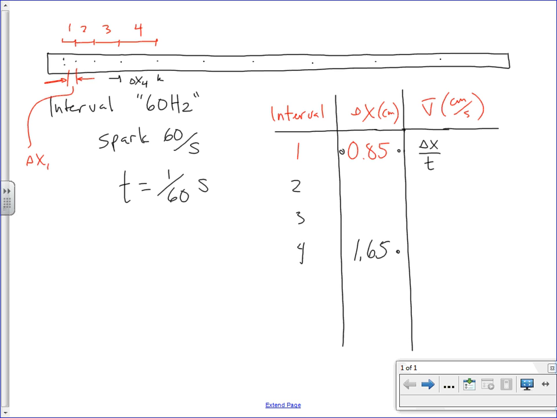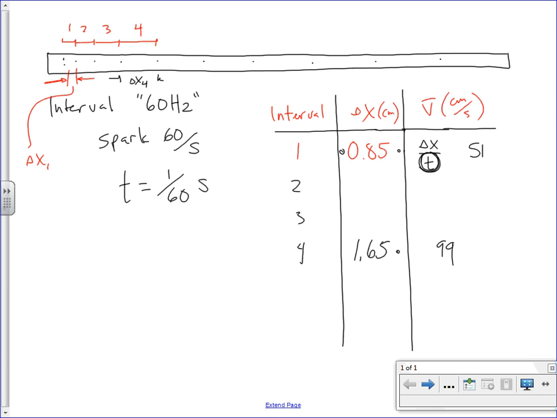If something goes 0.85 centimeters, I'm going to show you a trick here. 0.85 divided by 1/60th is the same as times 60, right? So just times 60. That's 51 centimeters per second. Right? Down here, 1.65 times 60 is 99 centimeters per second. Again, dividing by 1/60th of a second is the same as multiplying by 60.